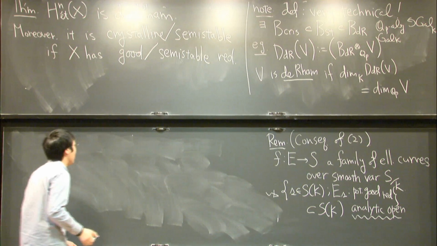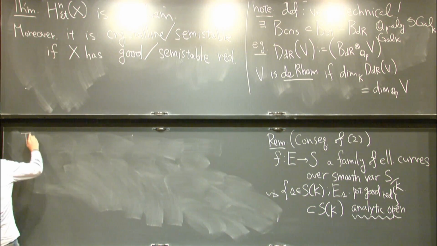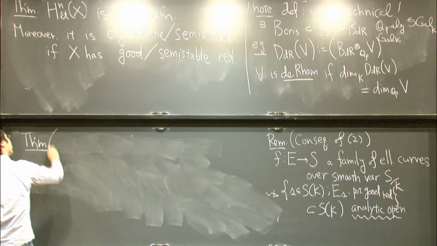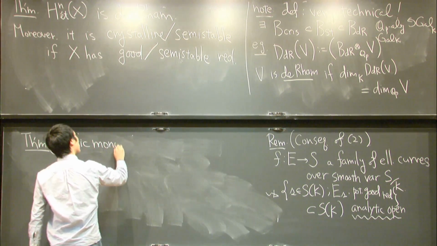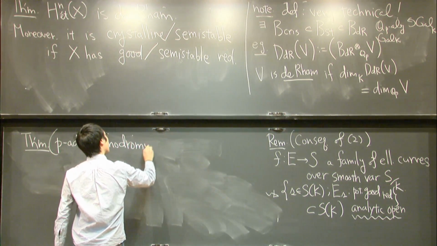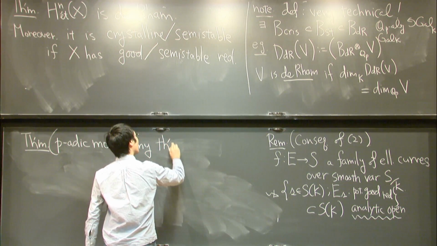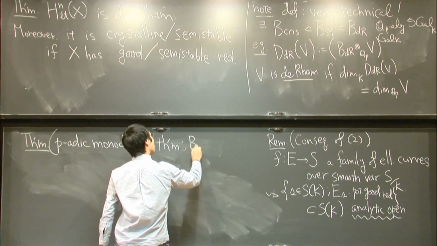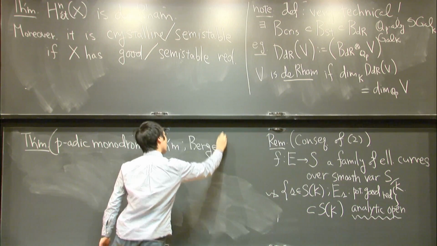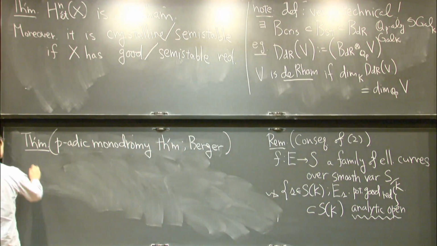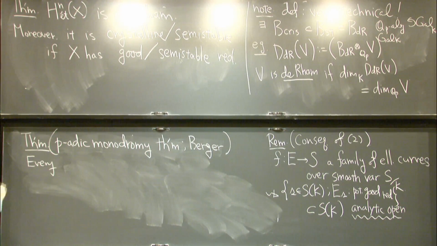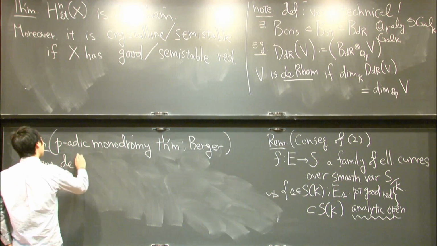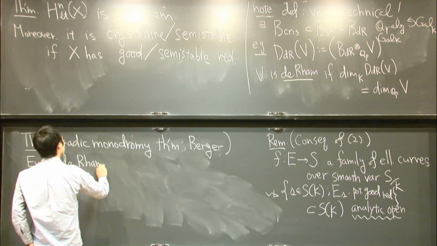This is a big theorem by Berger. So let me write the theorem. We can say every de Rham representation is potentially semistable.